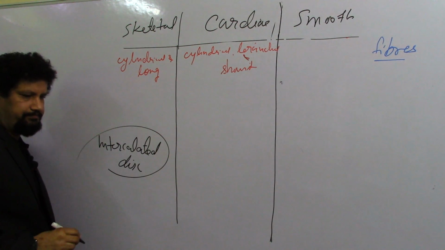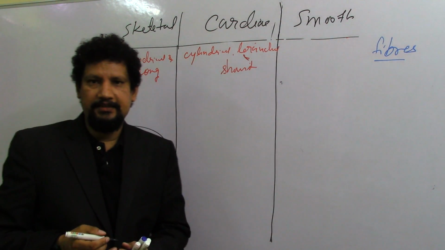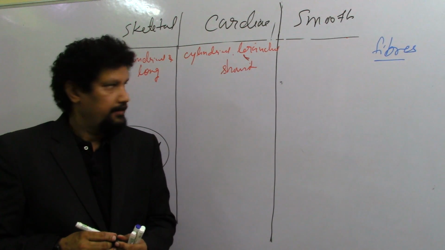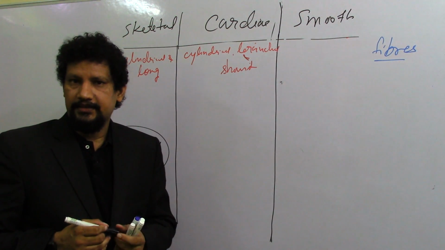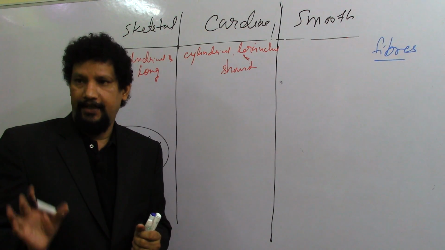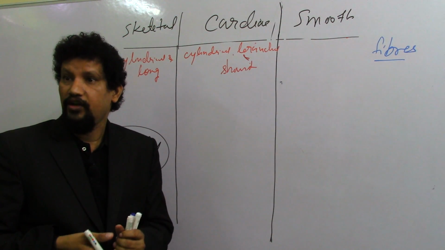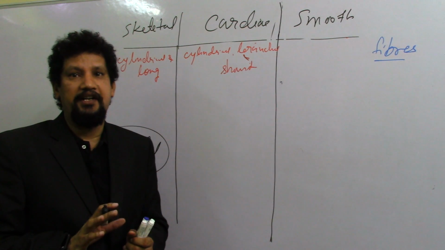So note it down. The cardiac muscles are having intercalated disc, the branching, and the intercalated disc are seen only in cardiac muscles.